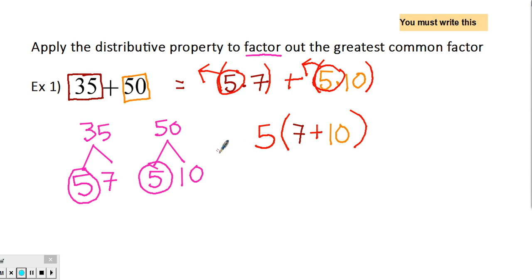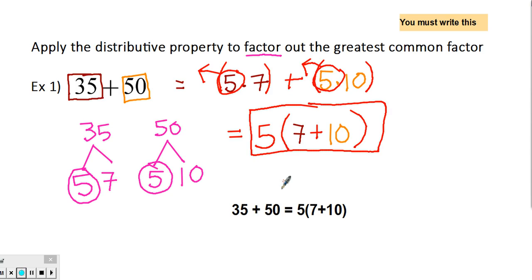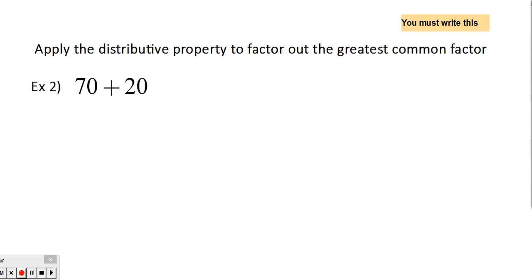So you have 5 times (7 plus 10). This will be your answer. If you want to check, you can. 5 times 7 gives you 35. 5 times 10 gives you 50. So it works. Okay, another example.